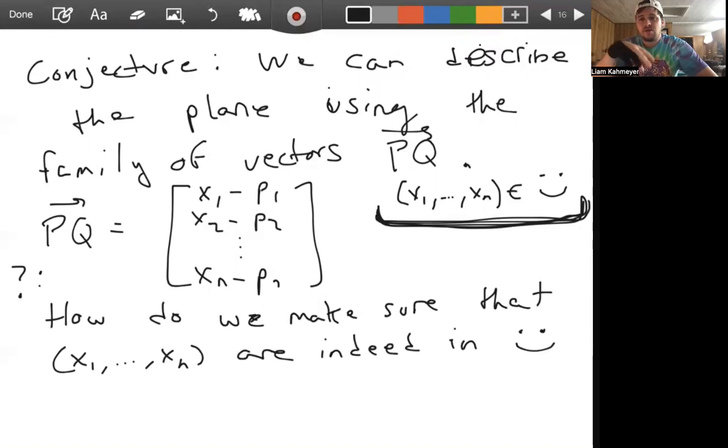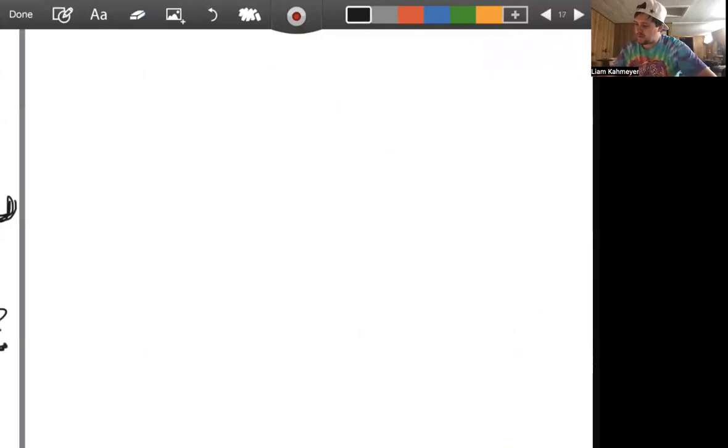We also need to guarantee that once we have an equation, it only works for points on the plane, right? Because we only want that equation to be expressing points on the plane. So I won't write all that down because answering this question will take care of itself. So how do we do this?